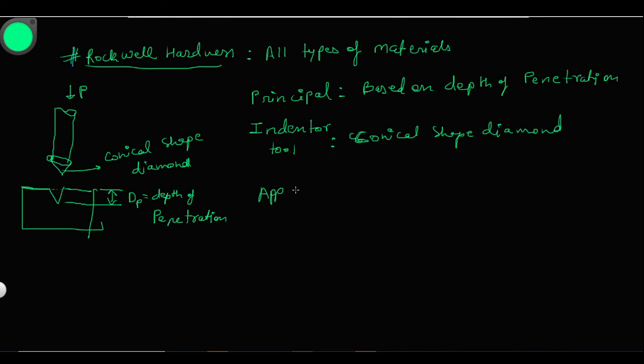are aluminum, HCS, brass, CBN, silicon carbide, tungsten carbide.